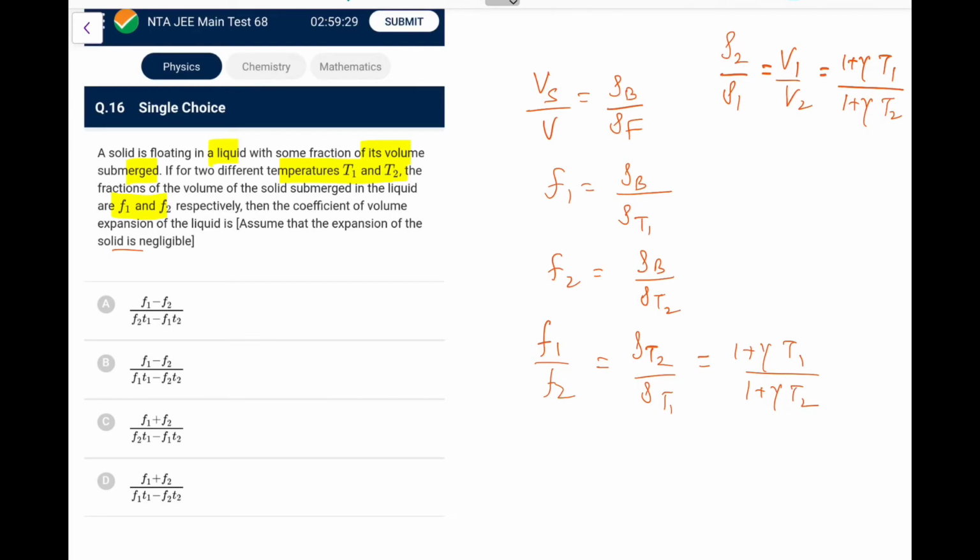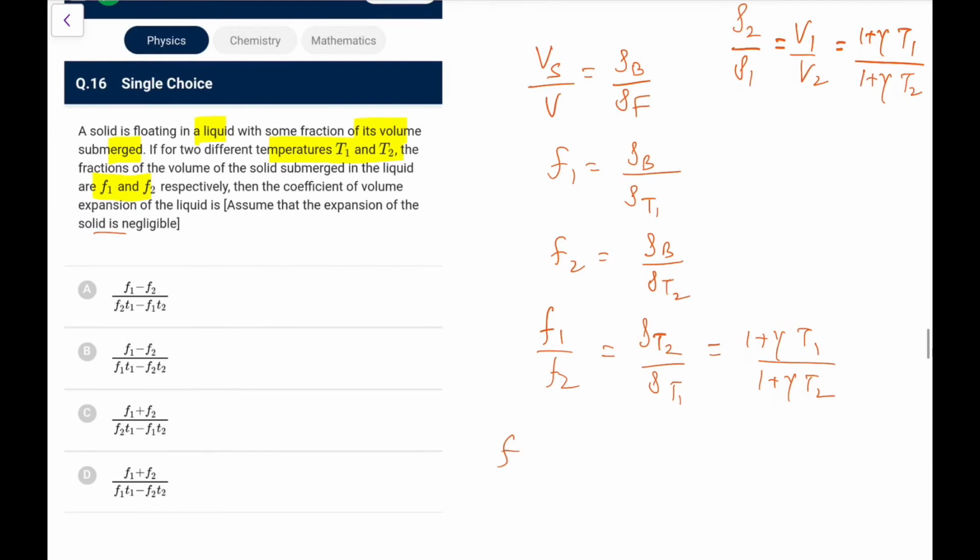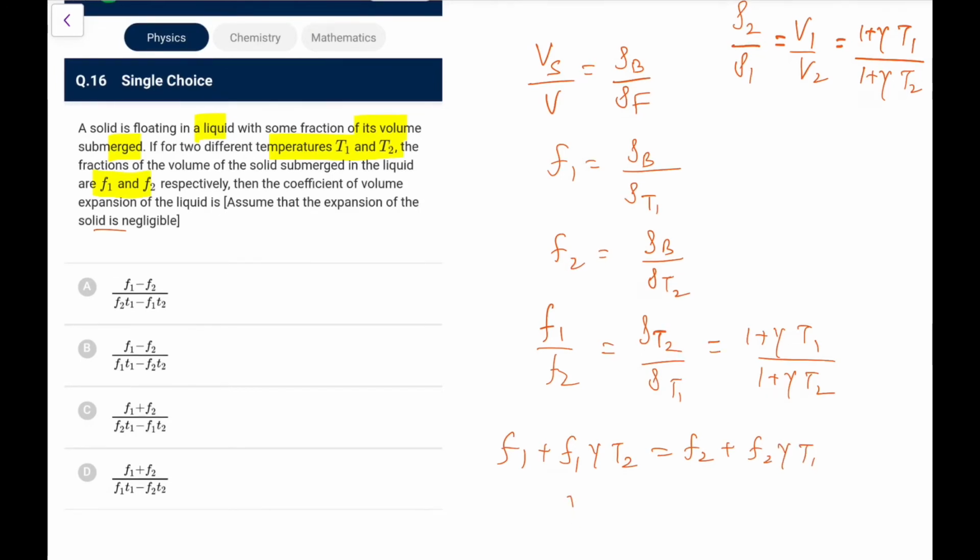So F1 by F2 is coming out as 1 plus gamma T2 upon 1 plus gamma T1. Now multiplying, we have F1 plus F1 gamma T2 is equal to F2 plus F2 gamma T1. So now gamma will be F1 minus F2 upon F2 T1 minus F1 T2. So going by this would be option A, that would be the answer here.